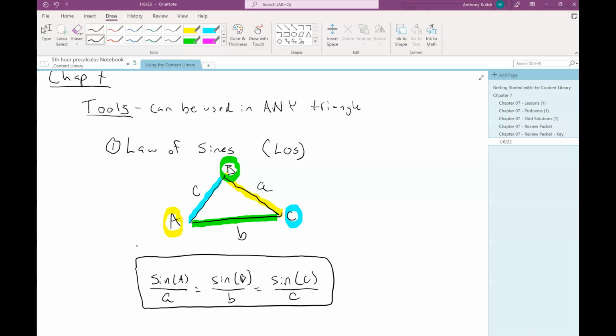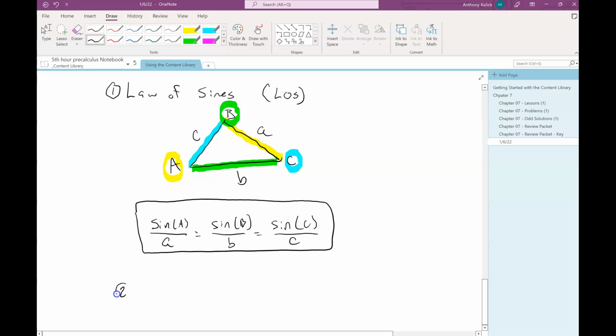Now keep in mind, you don't need all three pieces. You can pick and choose any two to set equal to each other, and it's fine. Since they're all equal to each other, you can write sine A over A as equal to sine C over C, right? Everybody's good with that? Okay.